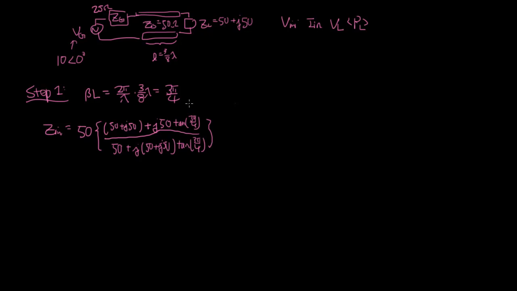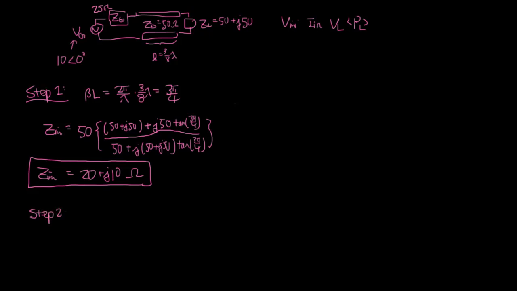And so this is a situation where, at least in the first step, we're able to get nice numbers. But if you have a fancy calculator or access to just straightforward complex algebra calculators, you'll find that the input impedance is going to be equal to 20 plus j10 ohms. What's the next step? The next thing we want to find is how much current and voltage actually go into the transmission line. So V in is just going to be the voltage divider between ZG and the input impedance.